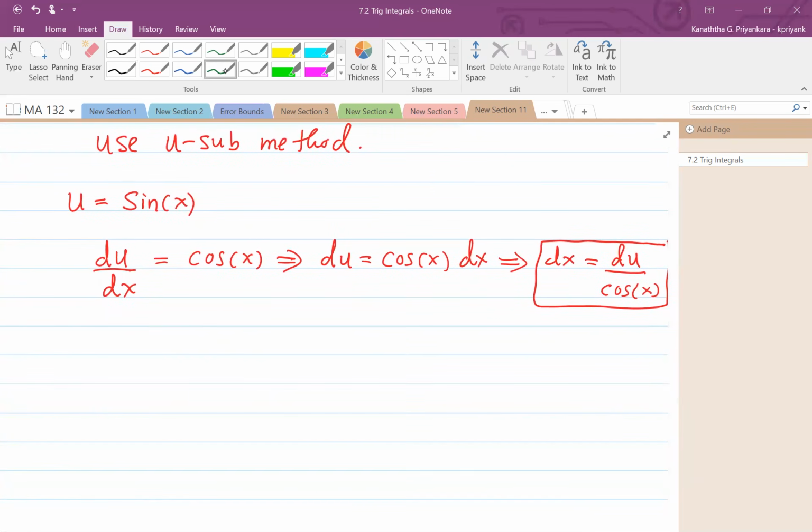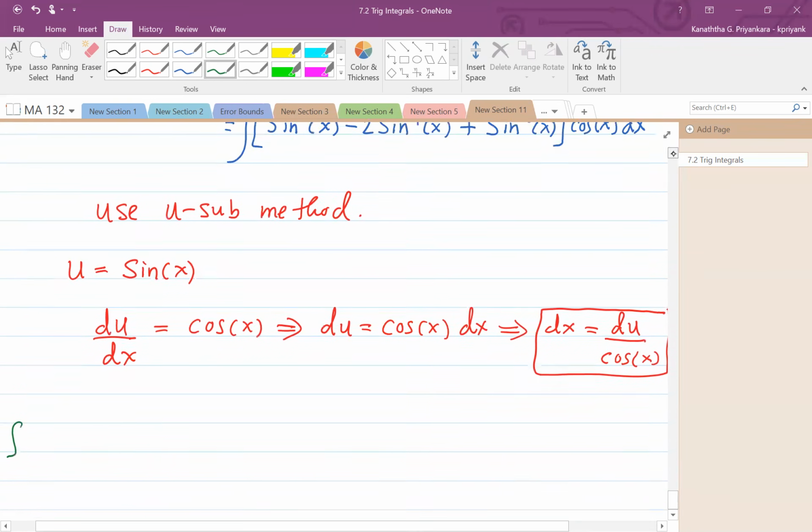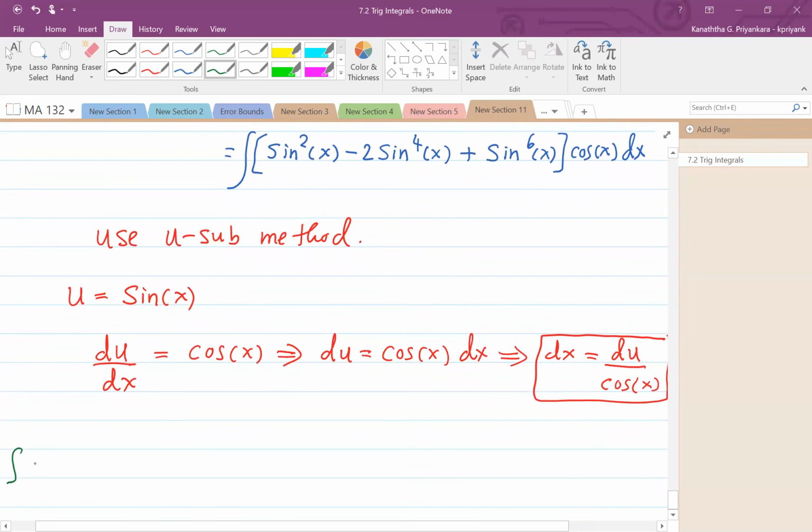So I'm going to write the integral of sine squared x times cosine to the power 5x dx. So we can write this as an integral. So replace sine squared by u squared, and then minus 2 times, replace this sine to the power 4 by u to the power 4, plus this sine to the power 6 by u to the power 6.